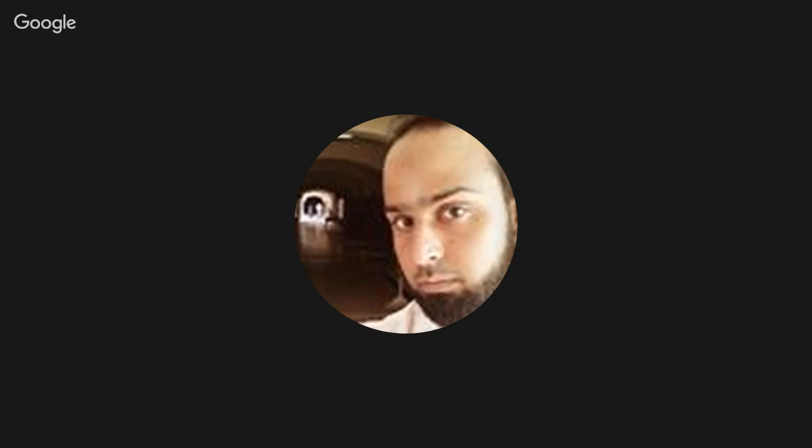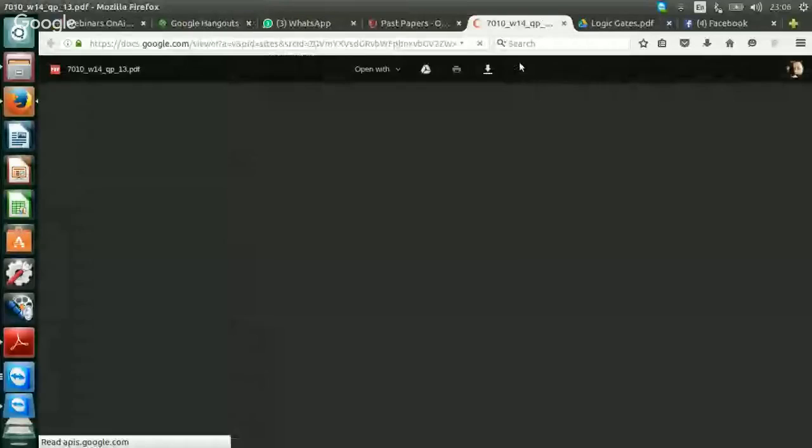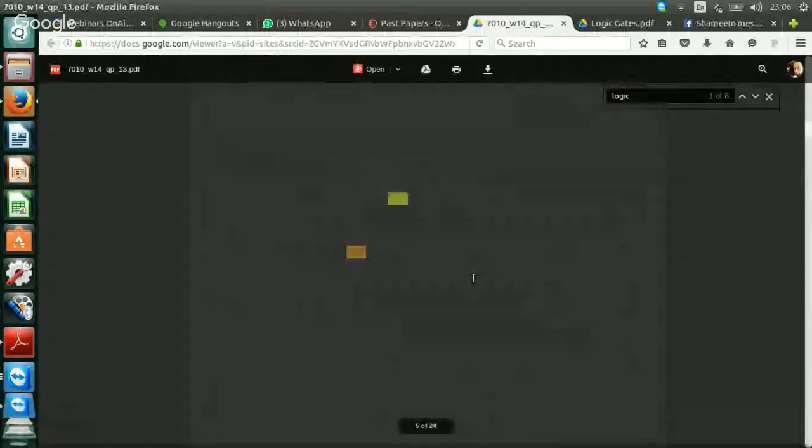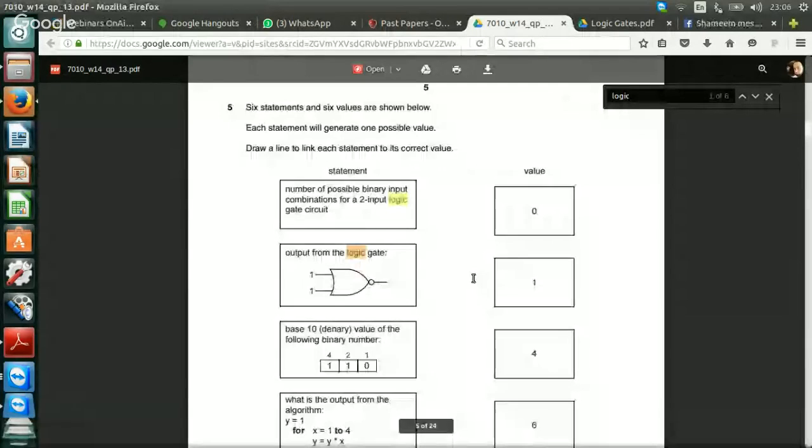Check this past paper. Let's find the logic gate question. Okay, this thing, that's pretty easy. The output of this logic gate will be 1, and 1 is the input. What gate is this?